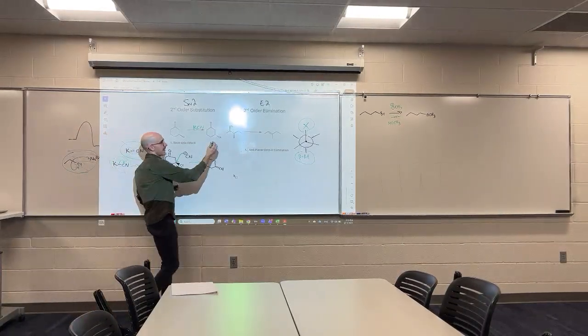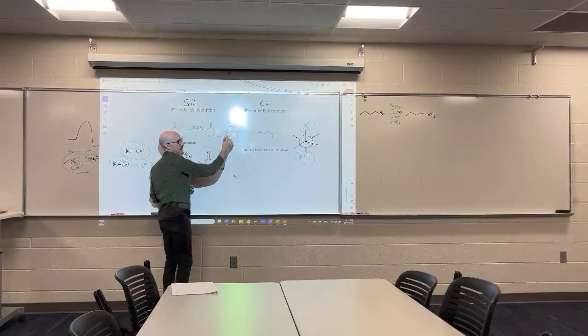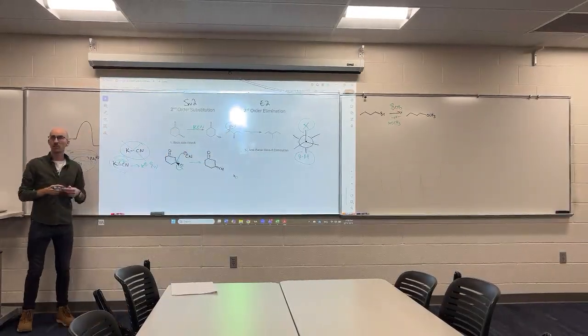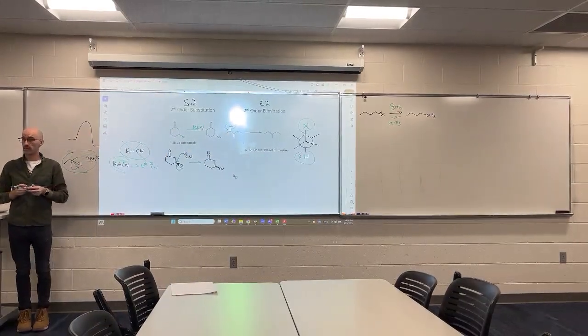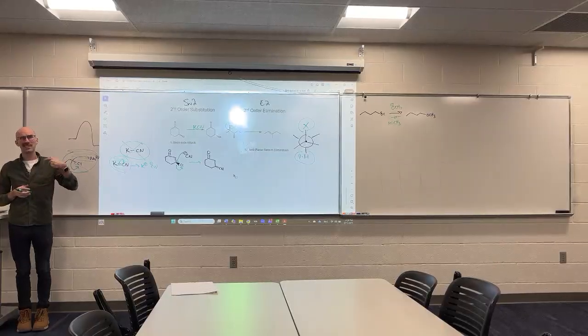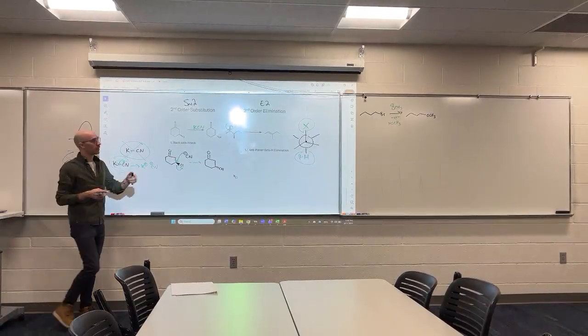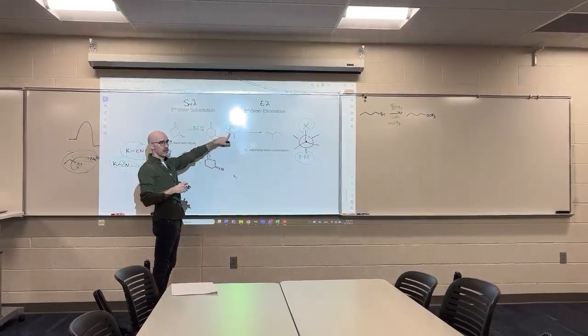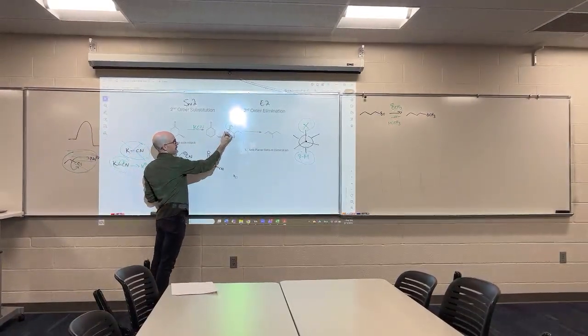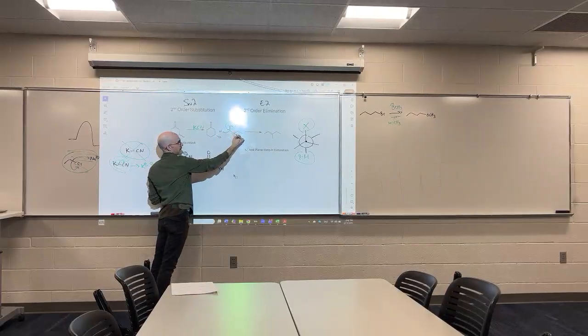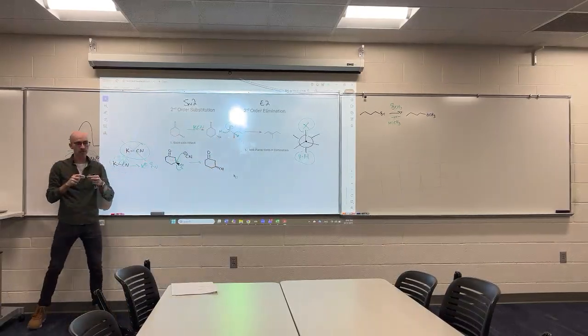So that means that this leaving group here, which is shown as wedged, what's the opposite of wedge? What is anti to wedged? Dashed. This wedged group can react with this dashed hydrogen or this dashed hydrogen.